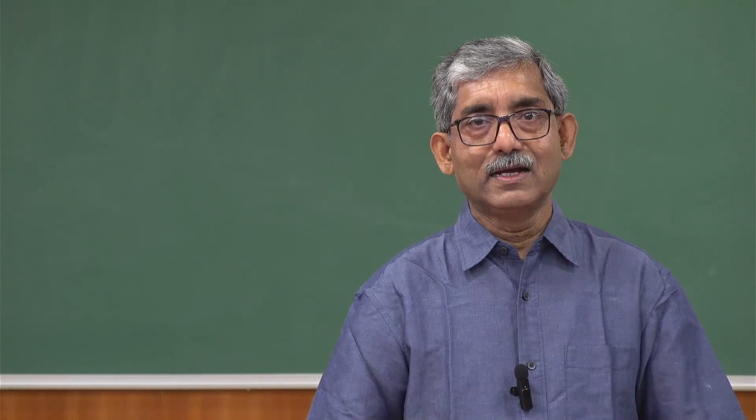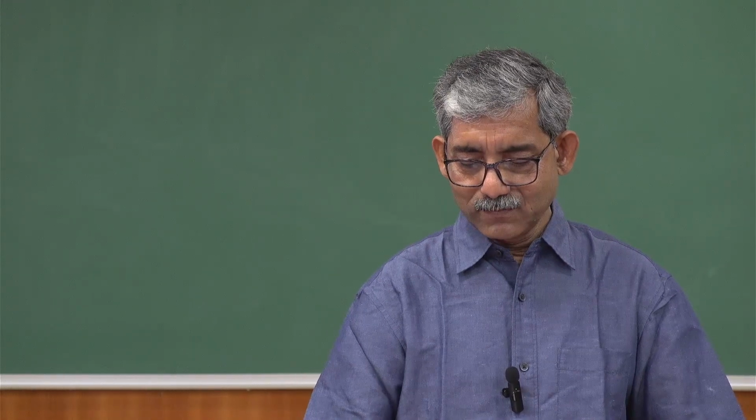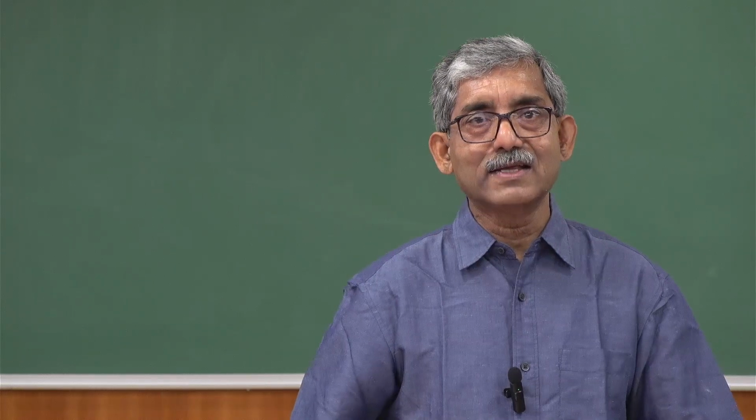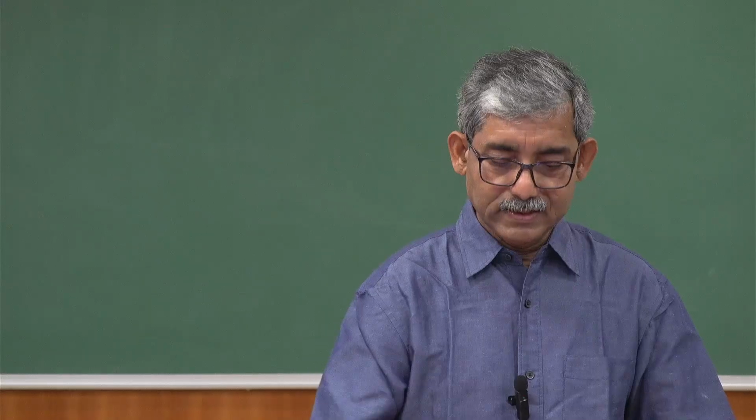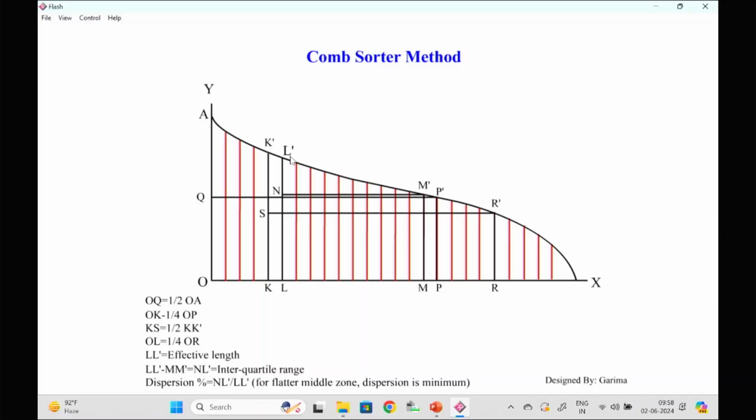So L dash minus M dash, that is L dash N, is the interquartile range, and that divided by L dash, which is the effective length, is known as the dispersion percent.